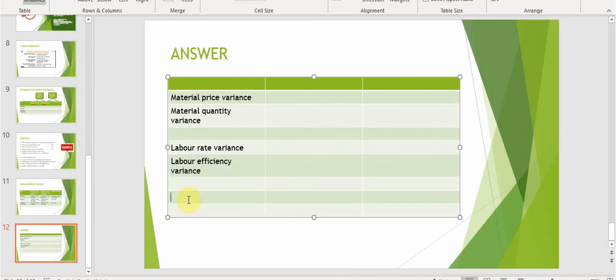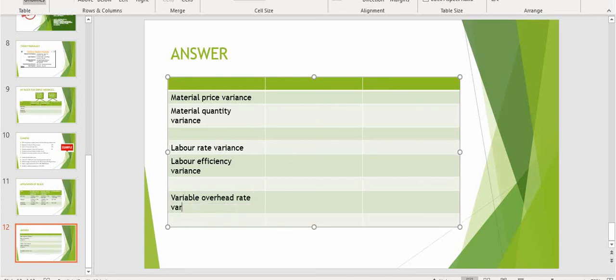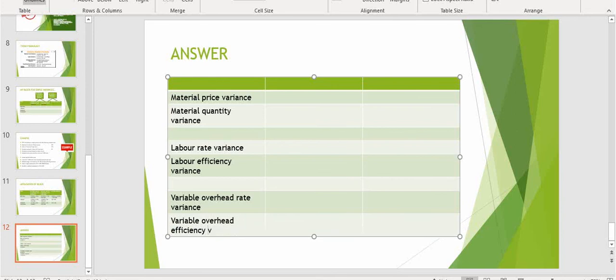And then we also have a variable overhead rate variance, and a variable overhead efficiency variance. Great. So these are the ones that we are focusing on today, both monetary and those that are caused by differences in your inputs.